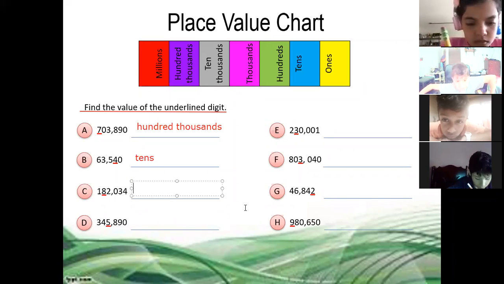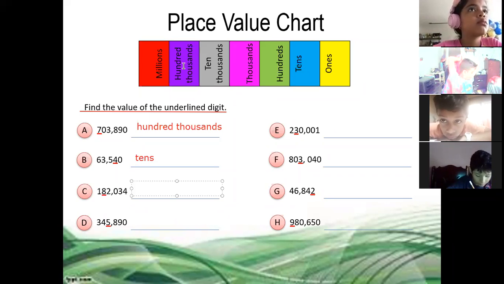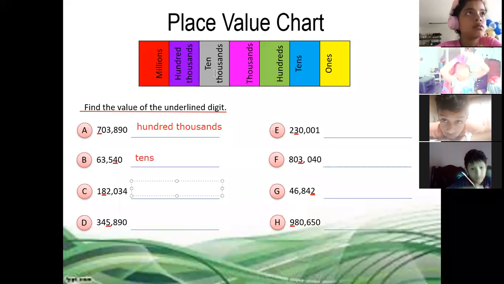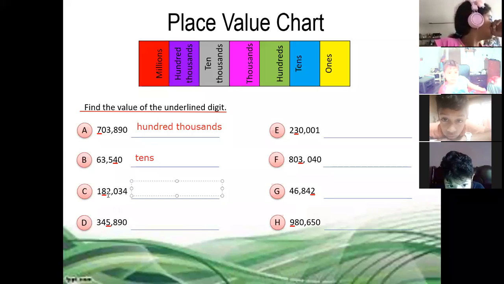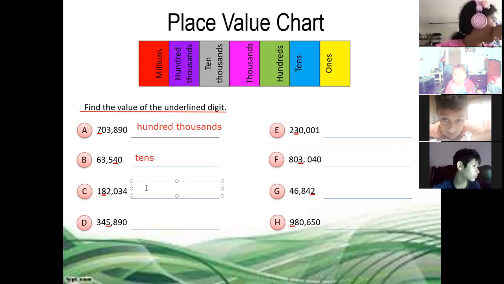If you say 100, or 10, or 100,000, or 10,000, this is in a specific position. What is the position? What is the value of that digit?